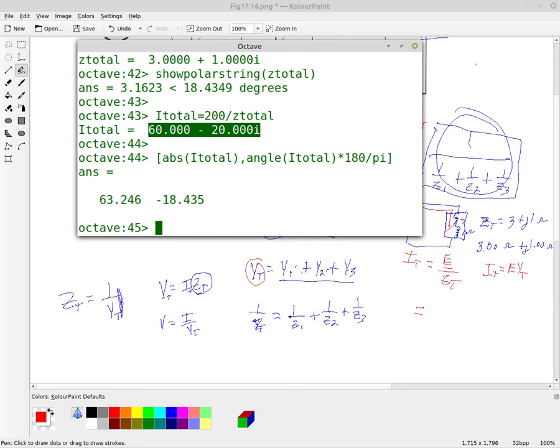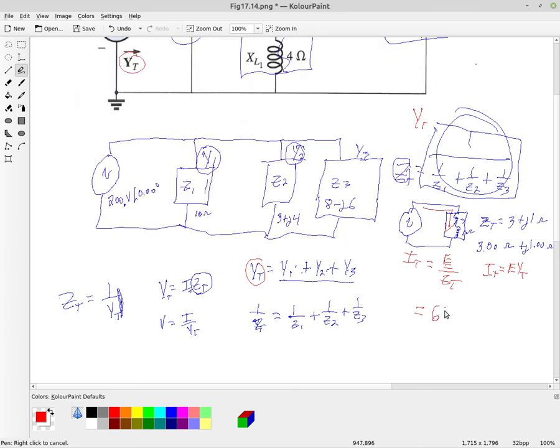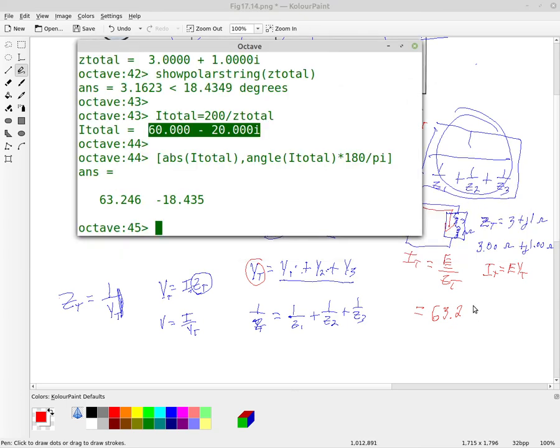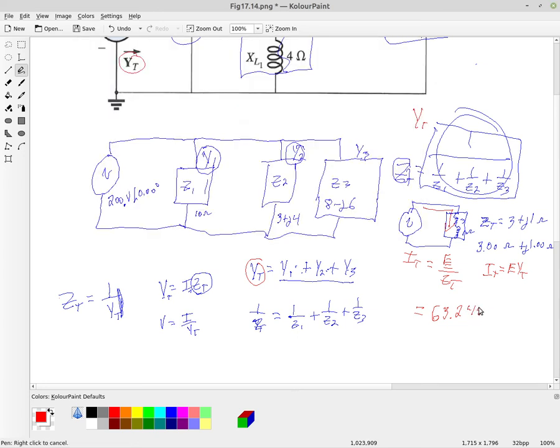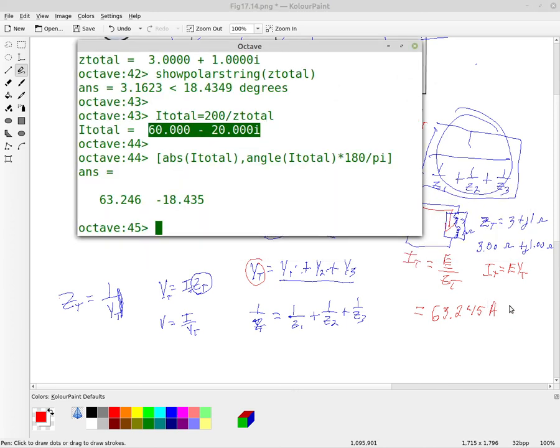And so that gives us a current of 63.2 amperes. If we were going to put it in Blackboard, we would use that. But in this case, I want to keep it up to 5 digits at the moment for accuracy.